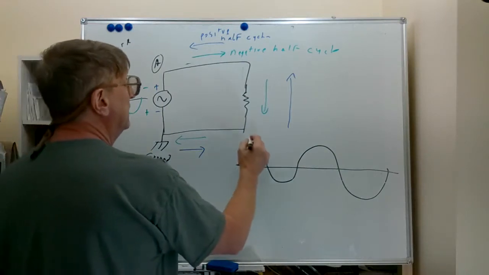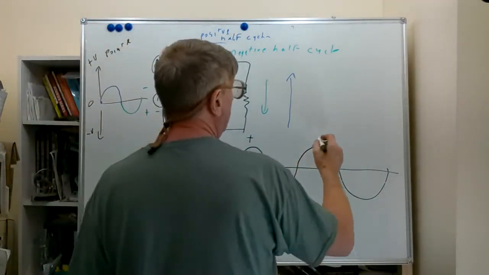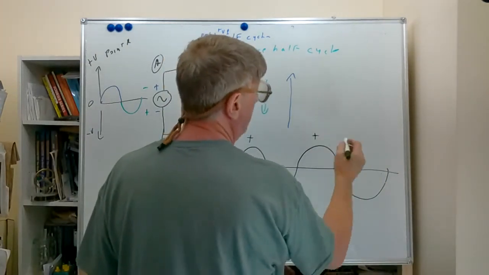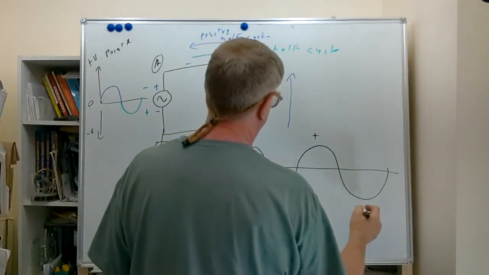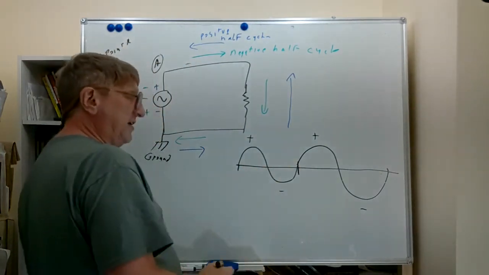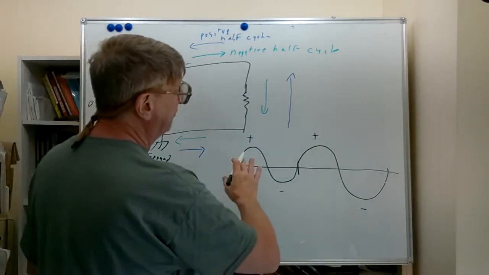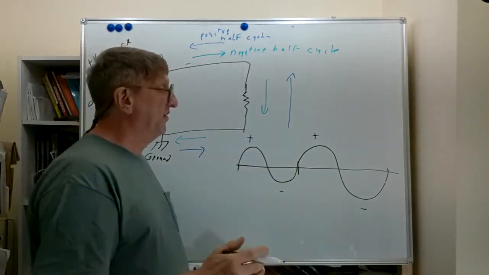One full cycle is one positive half cycle and one negative half cycle. Another cycle is another positive half cycle and another negative half cycle. So from here to here is one cycle, and when we have 60 hertz, we will have 60 of these cycles occur every second.